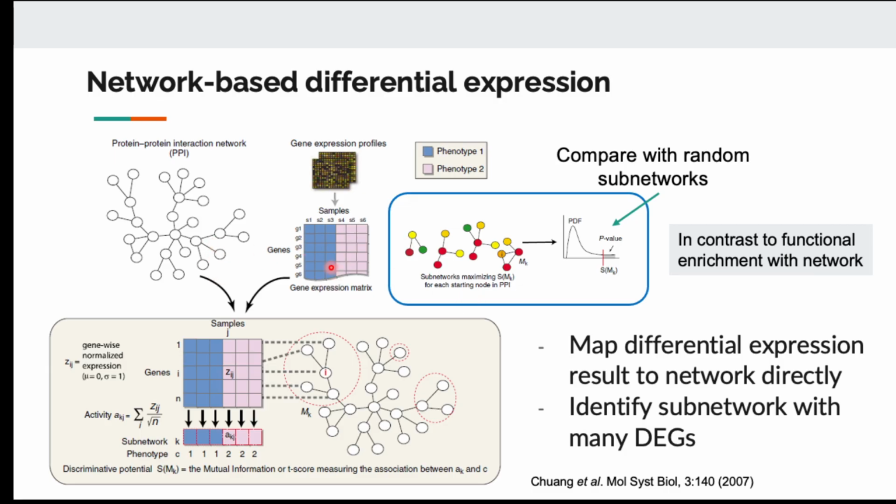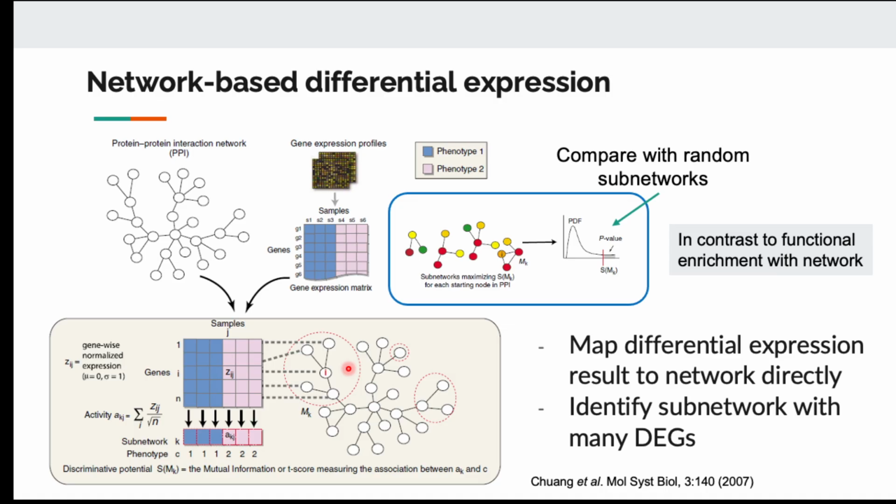In this case, we are going to compare gene expression profiles from two conditions. These are samples from maybe treatment and control, and different genes. For each gene, we know the location on the network. Based on the expression difference between the two conditions, you can color the nodes based on the fold change. With this algorithm, we want to identify connected regions on the network that have similar or significant fold change.